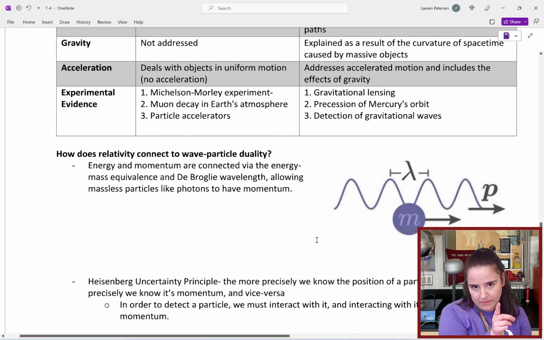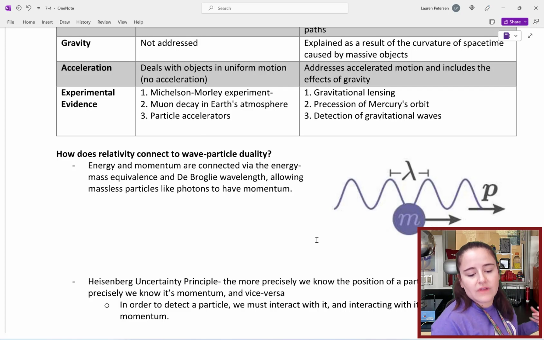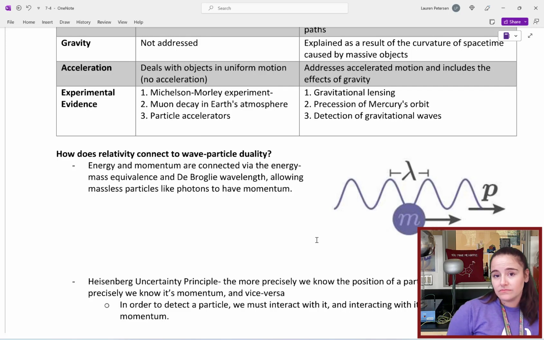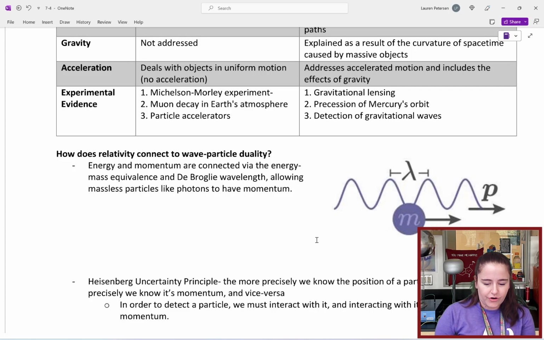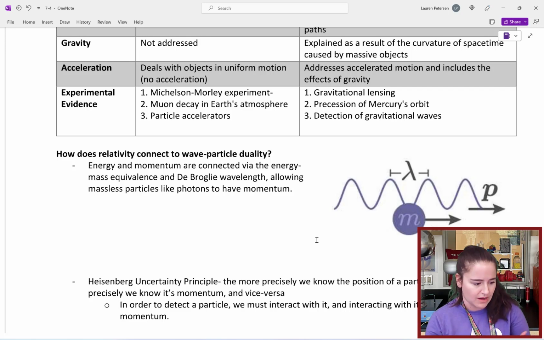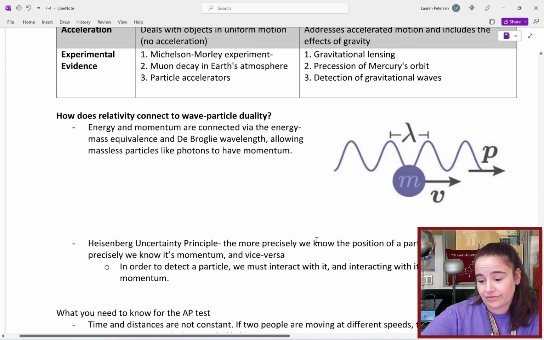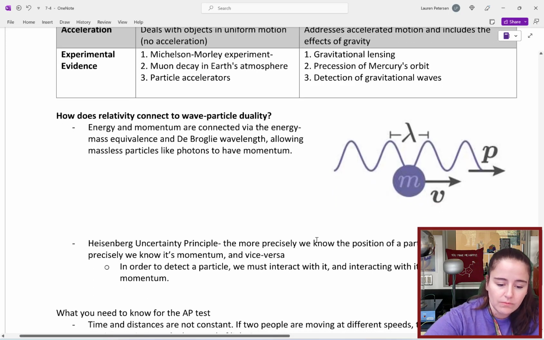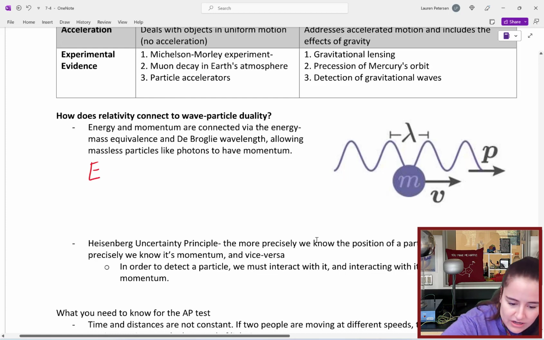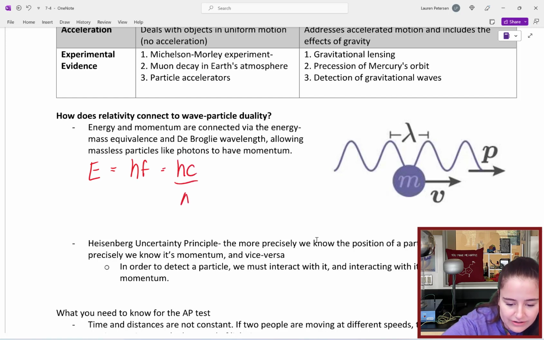How does this connect to wave-particle duality? Energy and momentum. You might have heard that question like, how can photons move sails if they don't have mass? How can they have momentum and impart that in a collision? And that is really through that energy. So we know that the energy of a photon we can find from hf or hc over lambda.